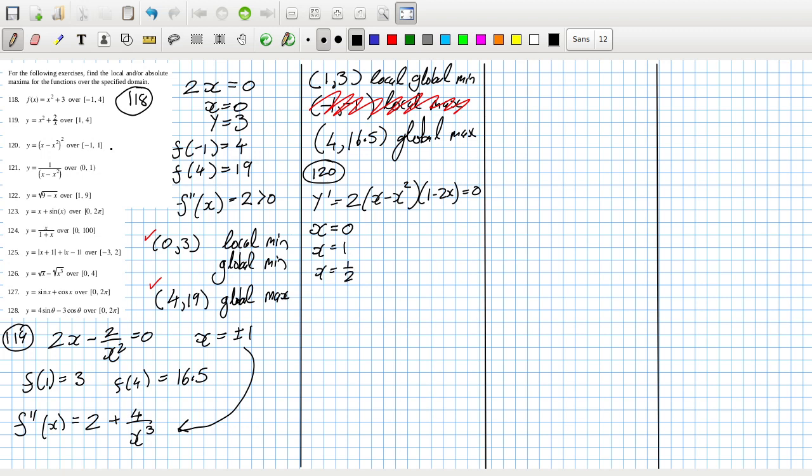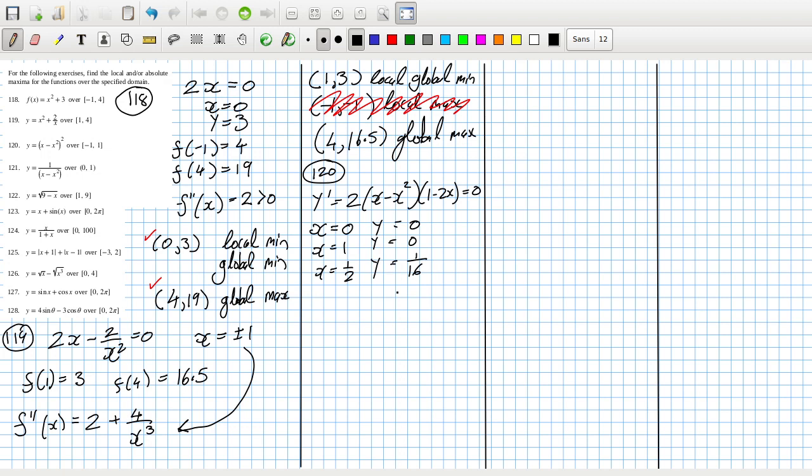But it's minus 1 to 1. That's going to include them all. Okay. Then the y's. If I put in 0, that's 0. If I put in 1, that's 0. And if I put in a half, what do I get? A half minus a quarter is a quarter, squared is a 16th.